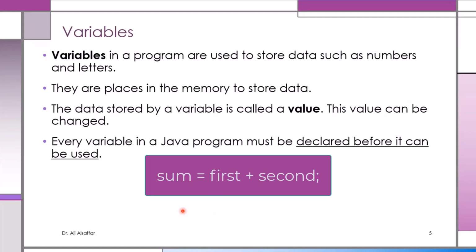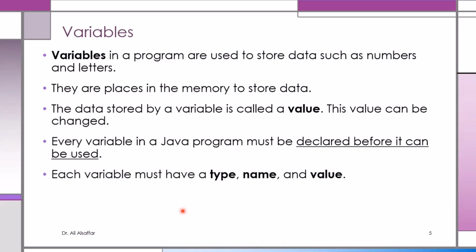Now you are using these variables in this equation. Before this line, you have to define them. You have to tell the Java compiler what is first, what is second, and what is sum. To do this definition, you need to tell the Java compiler the type, name, and value of the variable.